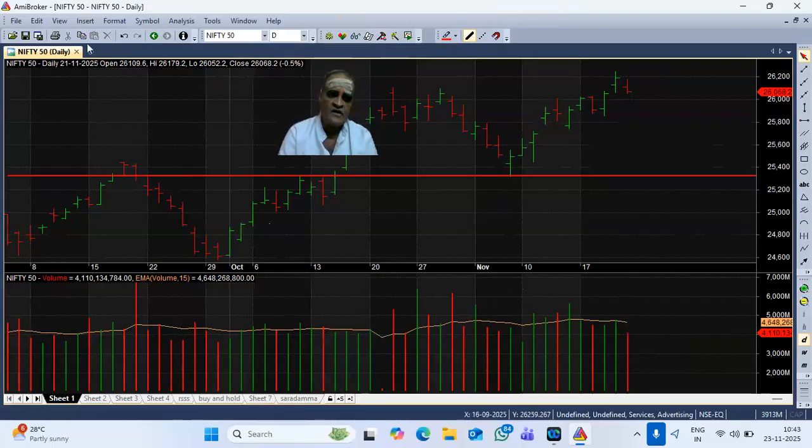At the same time, when we insert a trend line, this trend line would appear like this. Here we have a breakout.